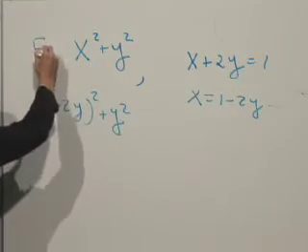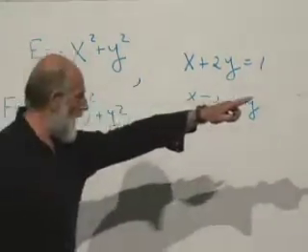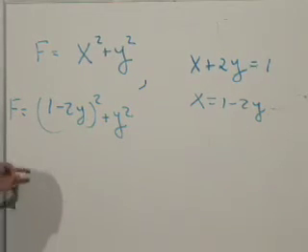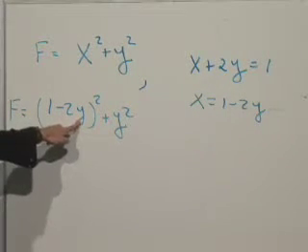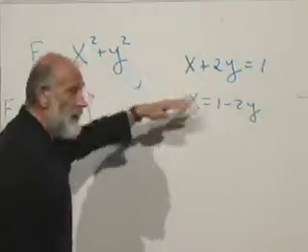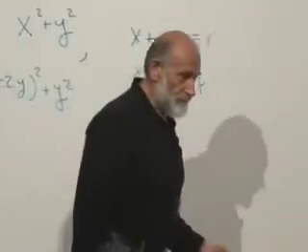Let's just call this f. On the red line, f would be given by this, and then the next step is just to minimize f with respect to y. We don't have to worry about the constraint anymore because we've already taken the constraint into account. So that's one way of doing the problem.